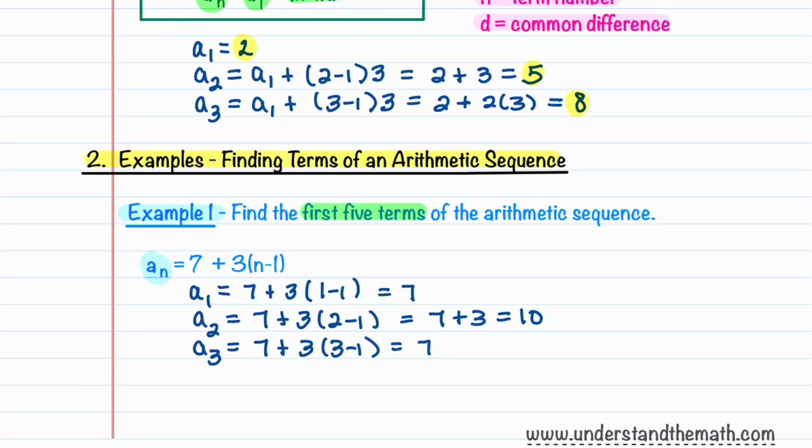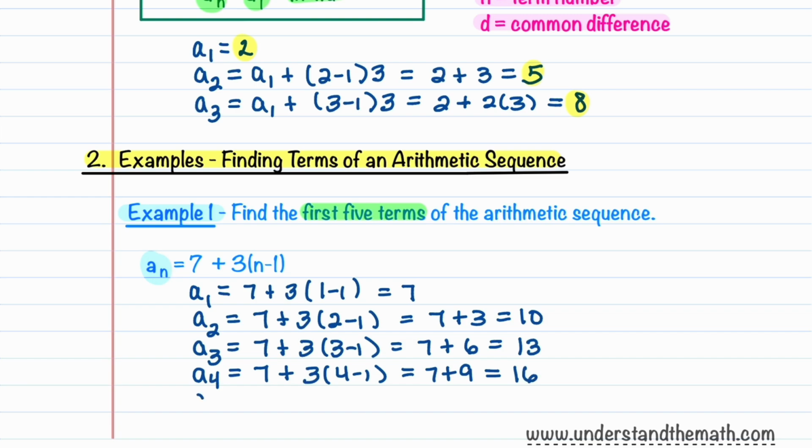So this is just 7 plus 3 times 2, which is 6, gives us 13. You may want to pause the video and go ahead and find a4 and a5 on your own. a4 is going to be 7 plus 3 times 4 minus 1. So this is just 7 plus 9, which is 16.